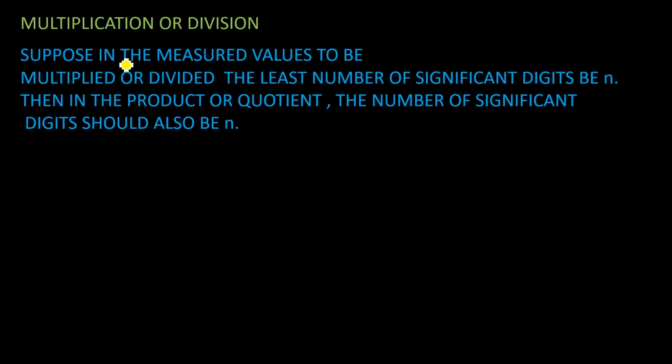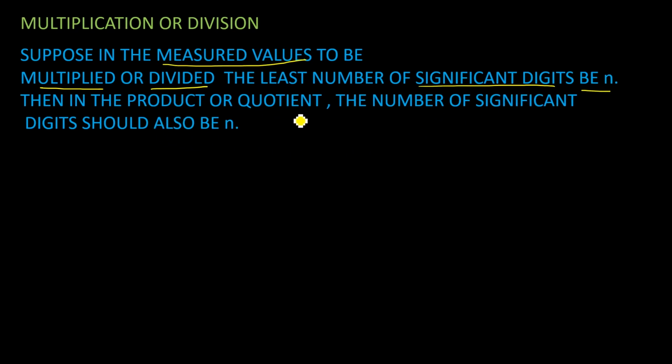Then multiplication or division. Suppose in the measured values to be multiplied or divided, the least number of significant digits is n.